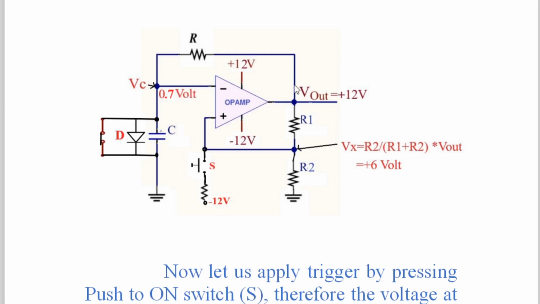Now, if you want to change the state of the op-amp from HVL to LVL, you must force the voltage at the inverting pin to be greater than the voltage at the non-inverting pin. And when the voltage at the inverting pin, the negative pin, is greater than the voltage at the non-inverting pin, you will succeed in throwing the output of the op-amp from plus 12 volt to minus 12 volt.